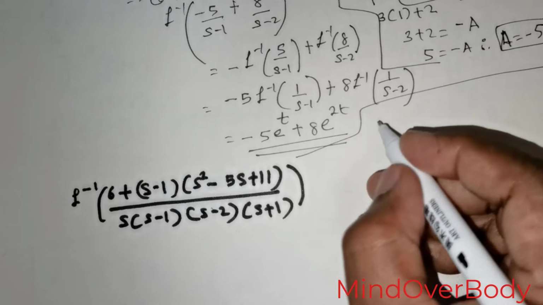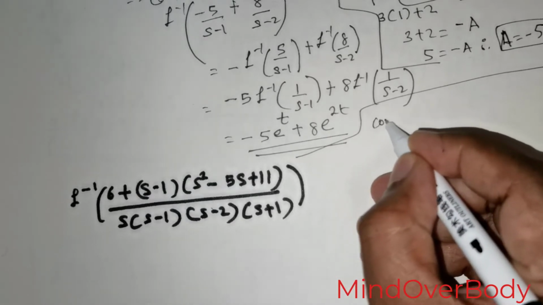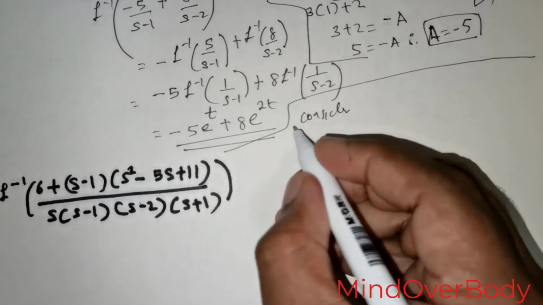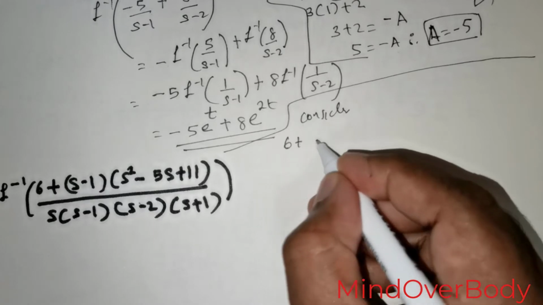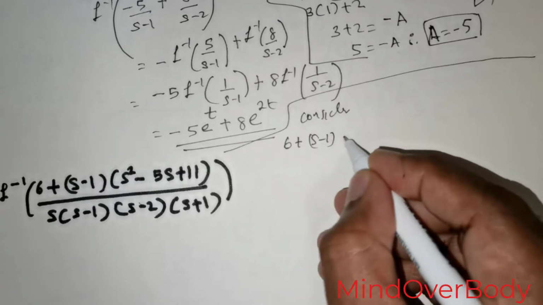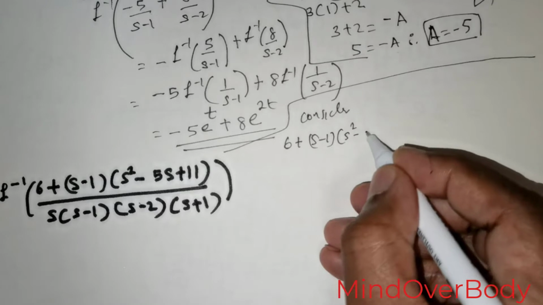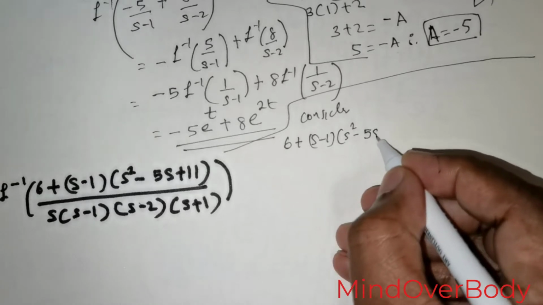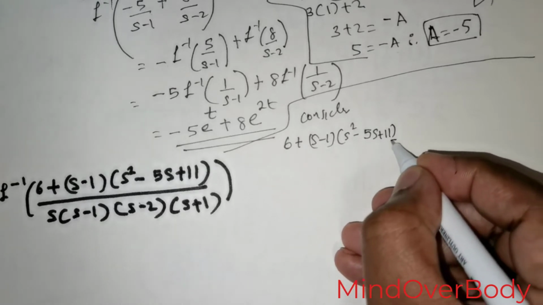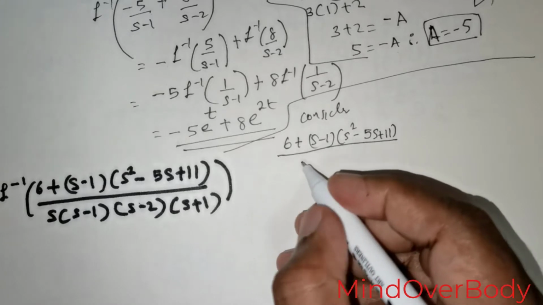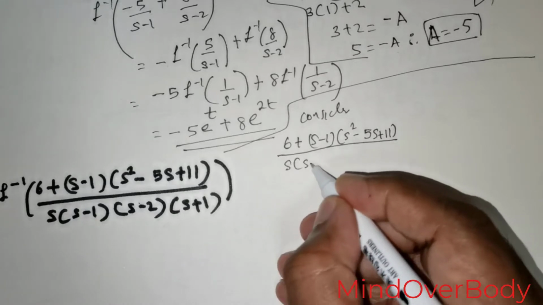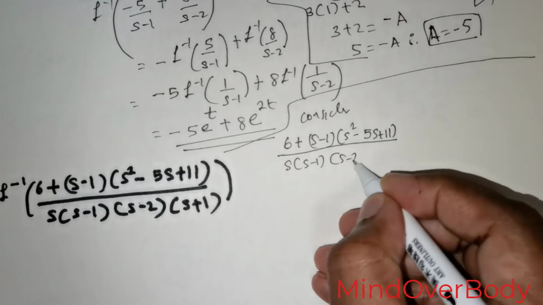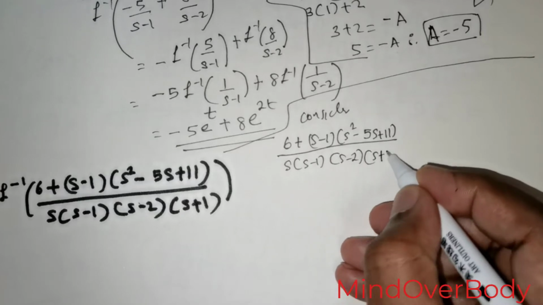Let me just consider the expression: numerator 6 plus (s - 1) times (s squared - 5s + 11) divided by s(s - 1)(s - 2)(s + 1).